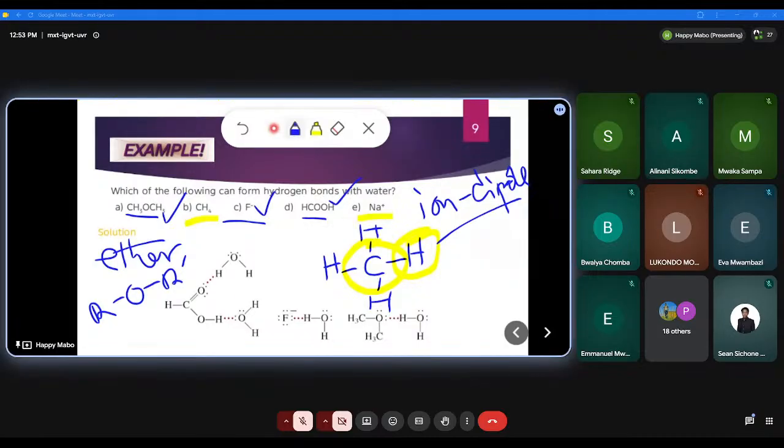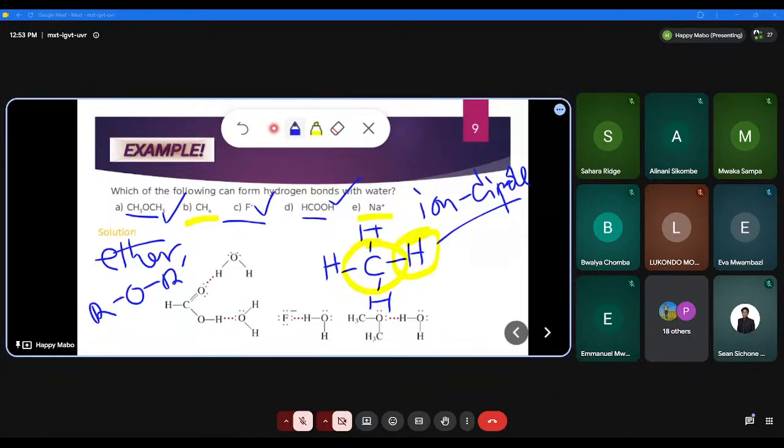The reason the sodium ion does not bond with water to form hydrogen bonds is that ions don't form hydrogen bonds. The sodium ion forms ion dipole interactions with the water's oxygen.